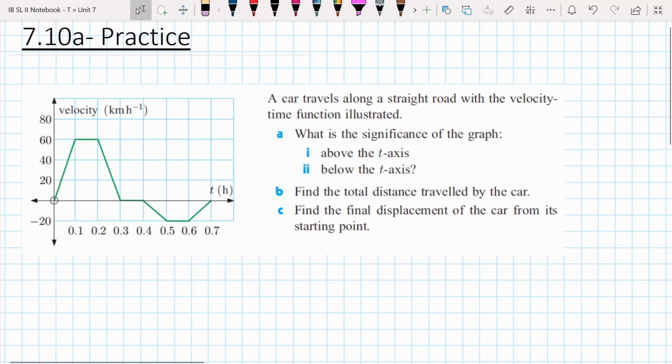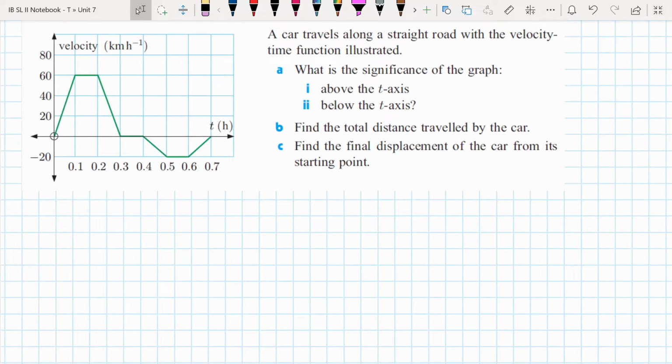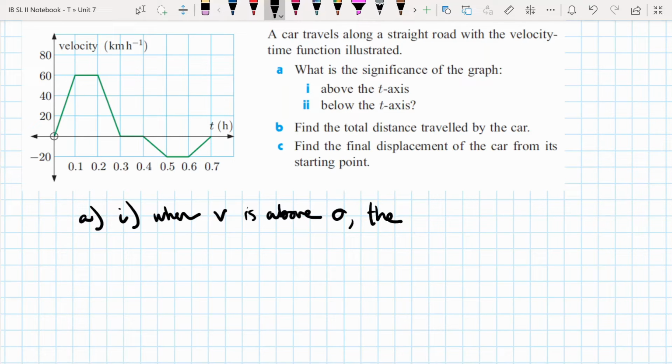So practice. Let's say we have a car and it's traveling with a given velocity shown here. Let's talk about what it means for the car to be above and below the t-axis. So we're using t here instead of x. So if this car is above the t-axis, that means when v is above 0, or when v is positive, we're going to say the car is moving forward.